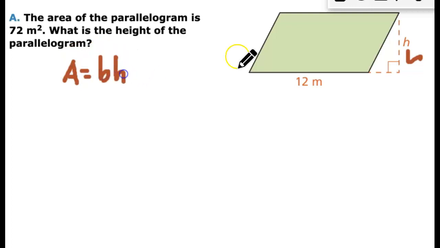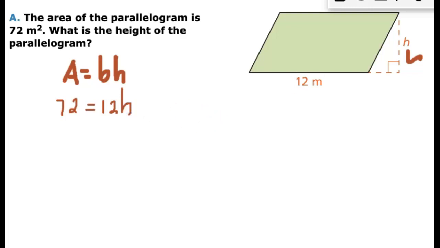What we're going to do is substitute the value for the area to find the other side, and substitute also for the base. So the area is 72 and our base is 12 and we don't really know the height.